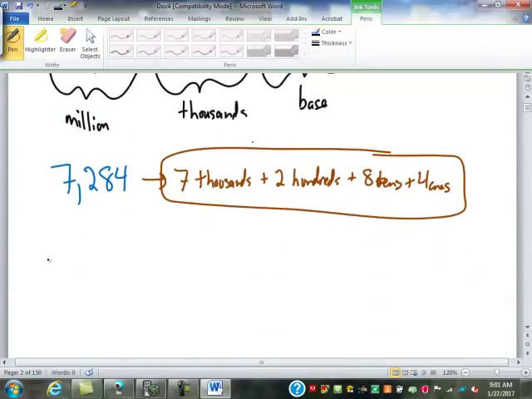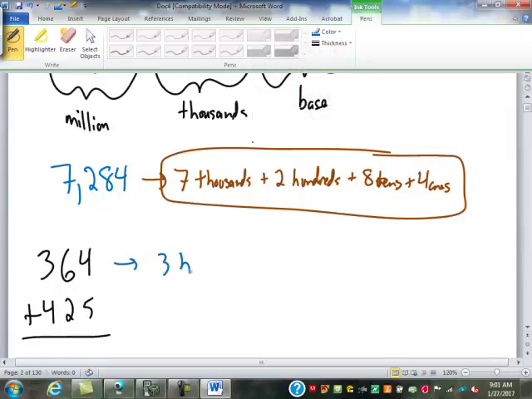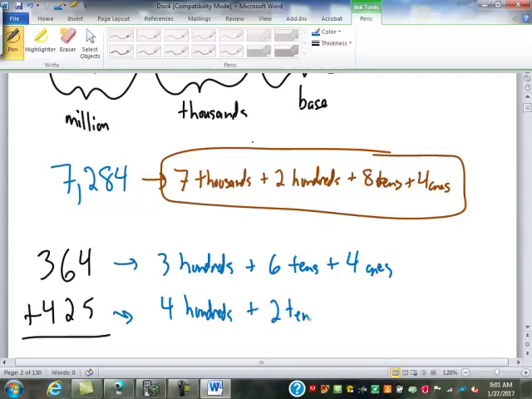For example, let's say I have 364 plus 425. If I write those out in that full form, so 300, 6 tens, and 4 ones, and then this will be 400s, 2 tens, and 5 ones.